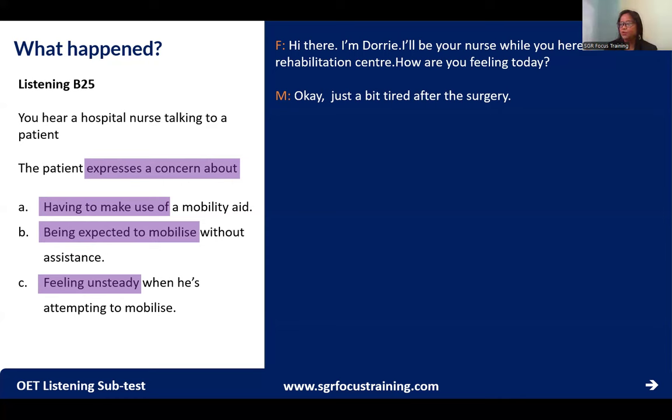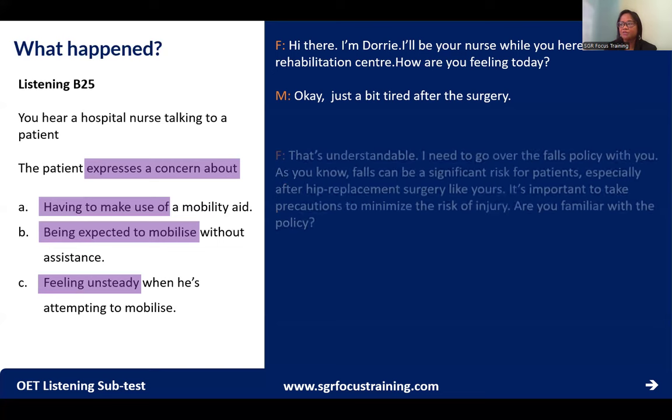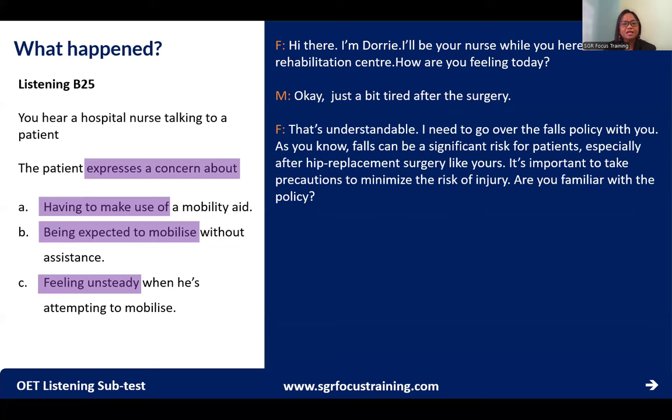In the recording, we hear that the nurse was introducing herself to him, saying that he is at the rehabilitation center, and asked the patient how he is feeling today. The patient says, I'm okay, just a bit tired after the surgery. And then we hear the nurse speak for a long time, talking about a falls policy.